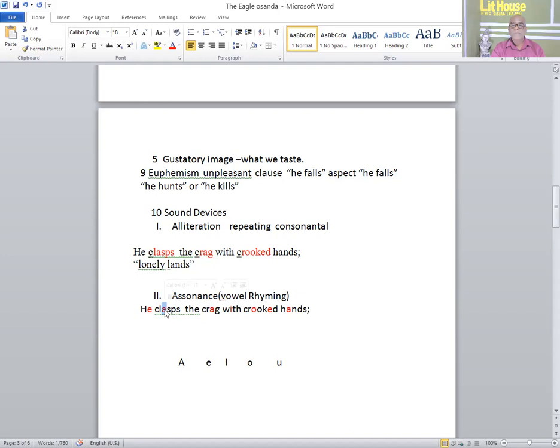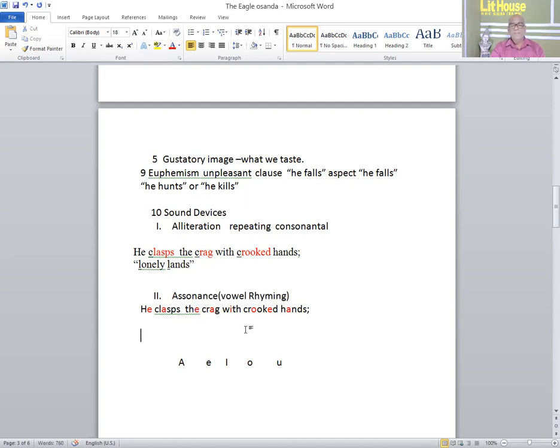A. What is the sound? Speak the word. A. What is the vowel letter here?